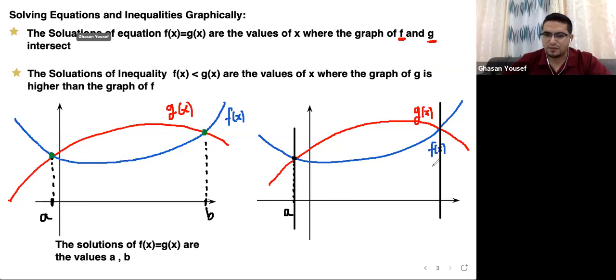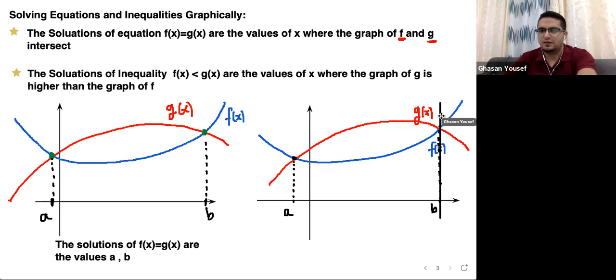This is my A. This is B. And the solution for this one is the open interval from A to B. Why? Because the red curve here will be above the blue one. So this is the solution.